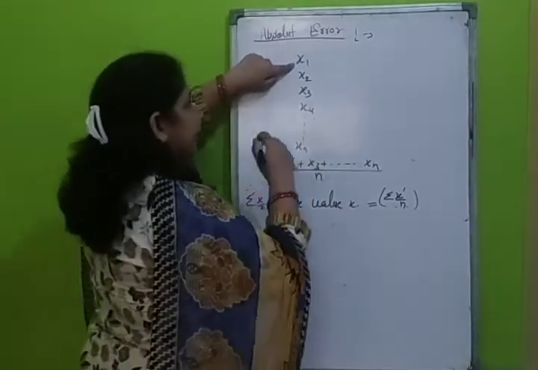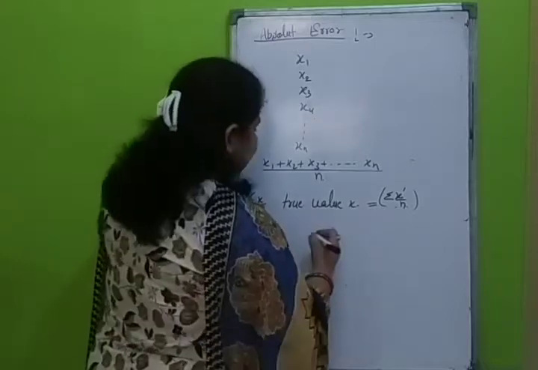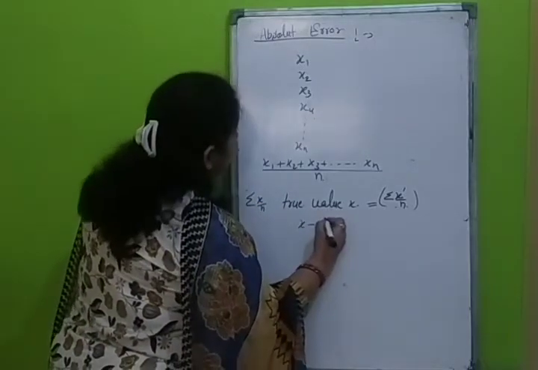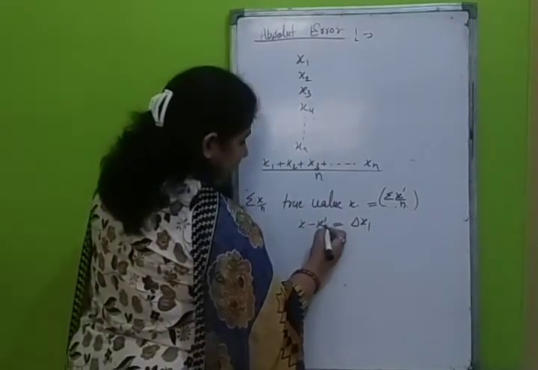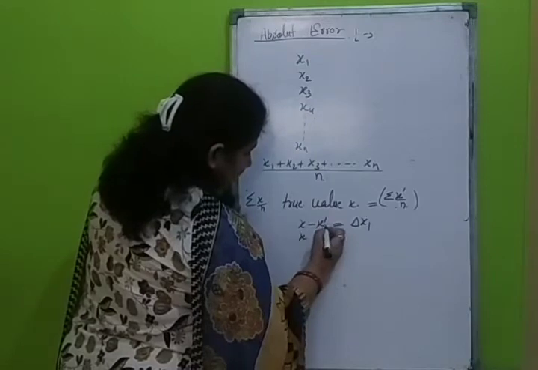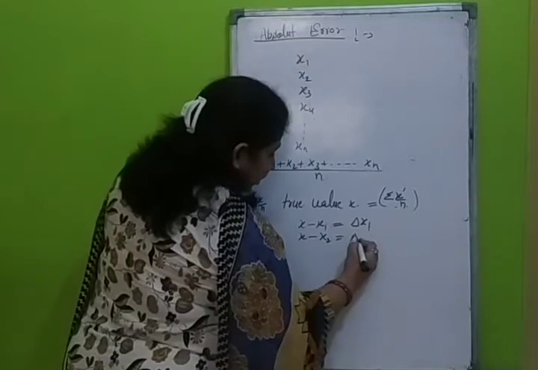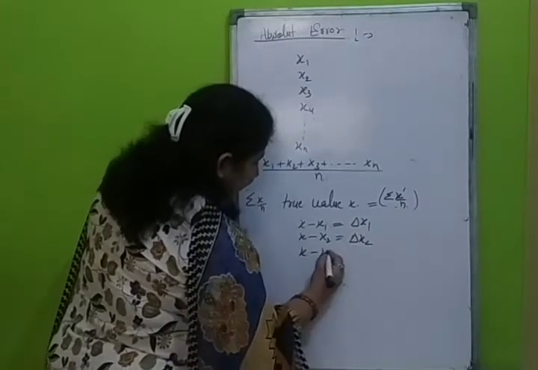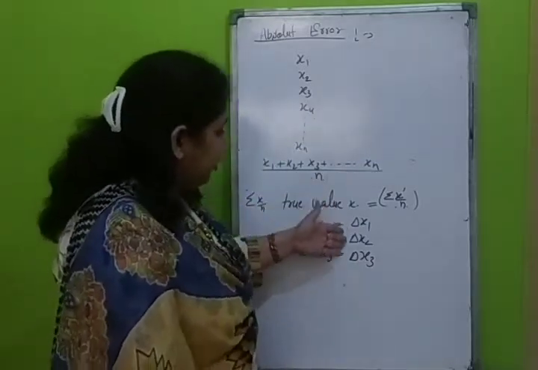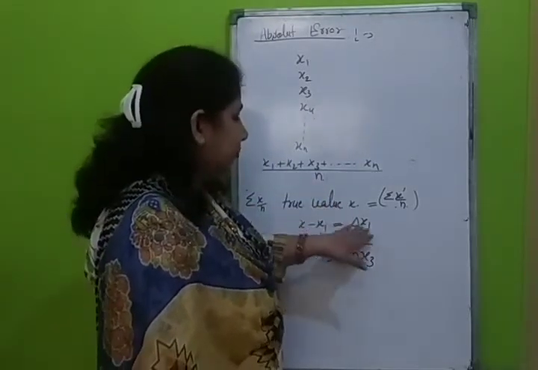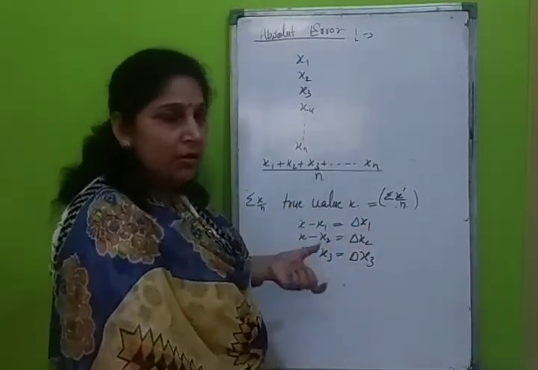Now when we take x1, the error may be, as we have taken the true value as x, x minus x1, delta x1. x minus x2, delta x2, x minus x3, delta x3. Means we can find that every time we have an error, sometimes negative, sometimes positive, sometimes less, and sometimes more.